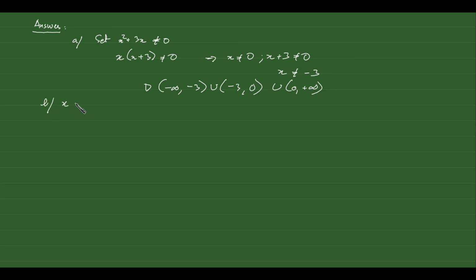Now we want to find the x-intercept points. You replace y with 0, so we have 0 equals x cubed plus x squared minus 4x minus 4 over x squared plus 3x. Now I multiply both sides by the denominator.